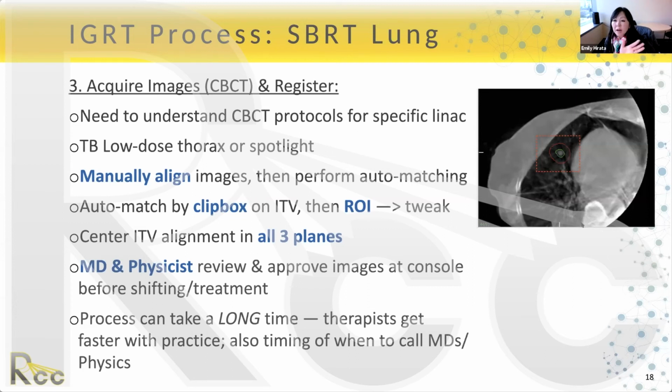We absolutely do not want to overdose the spinal cord. That's going to be our main priority. And so it is a discussion at the consult between the physician, the physicist, and the therapist to review the images and determine, okay, I understand that I'm not aligned perfectly. My ITV is not aligned perfectly in the middle, but I'm doing that because I need to keep my cord out of the dose, out of the area of treatment.